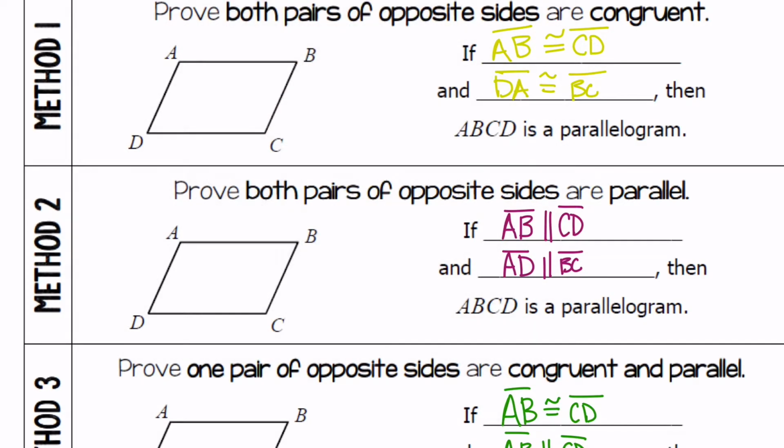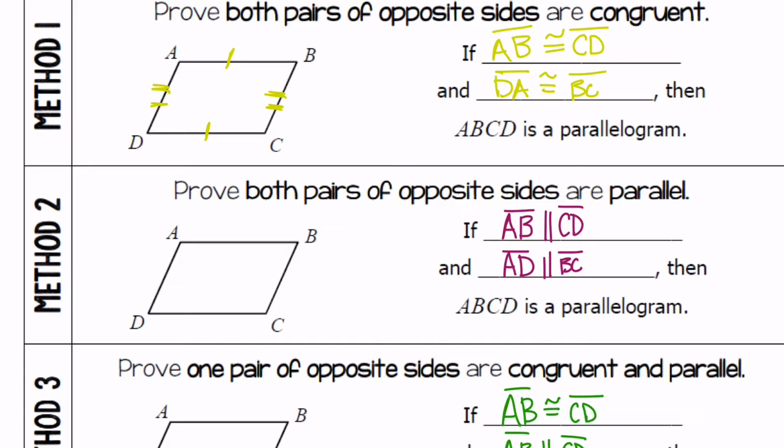So if side AB is congruent to side CD and side AD is congruent to BC, then ABCD is a parallelogram.